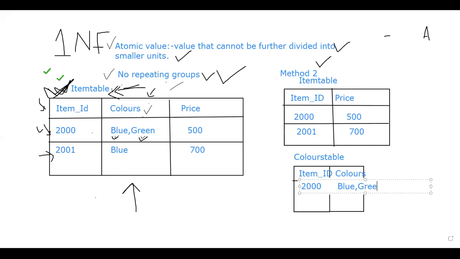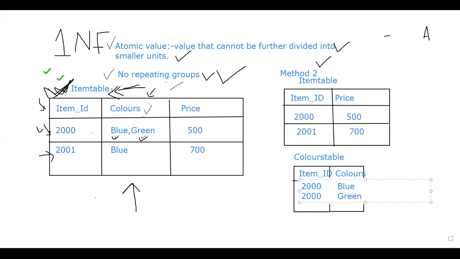Now, if I put a comma and write down green, is it correct? No, it is wrong. Why? Again, there is no atomic value. If I say blue and green, there is no atomic value. So again, the colors table is going to be not in first normal form. Therefore, I need to say blue and come below, say 2000 and say green separately. Of course, now we have atomic values.